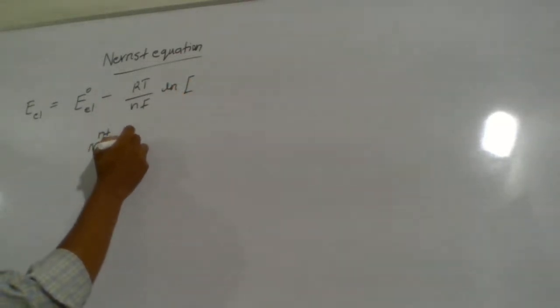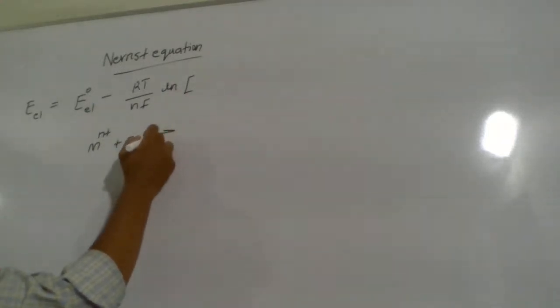Here, consider the general electrode reaction as M n+ plus n electrons reversibly gives M, where M n+ is in the aqueous state. So this is a standard reduction reaction for any electrode.